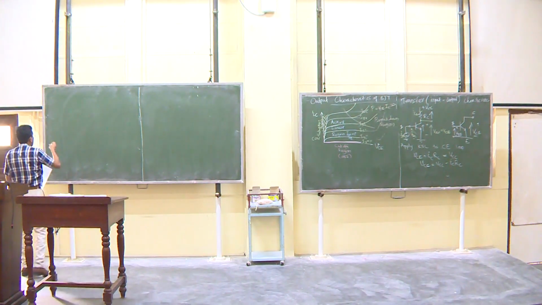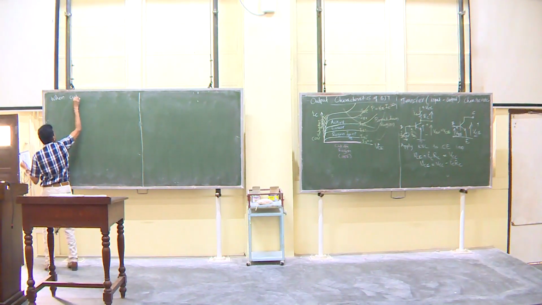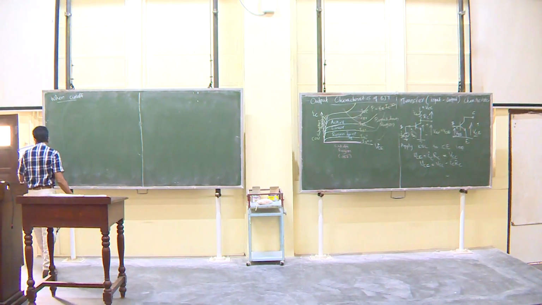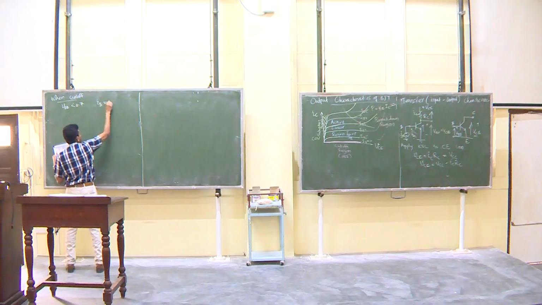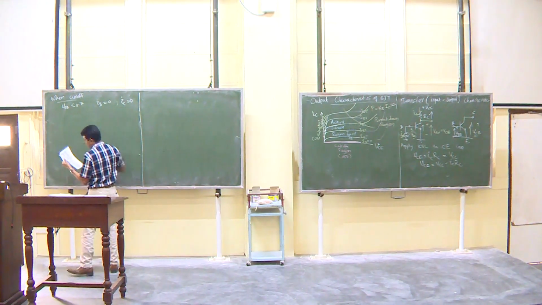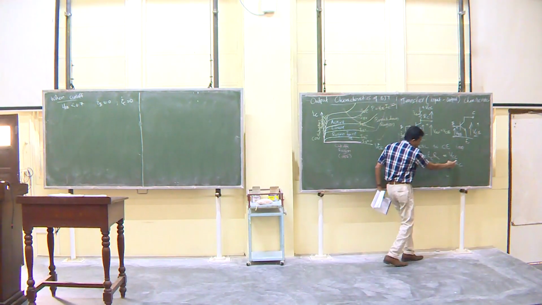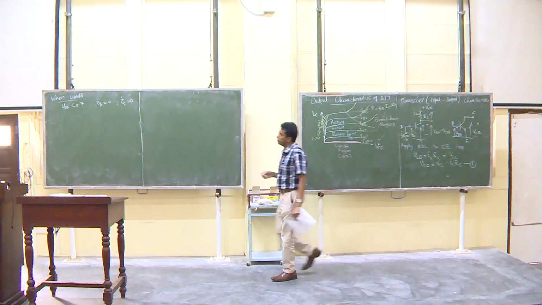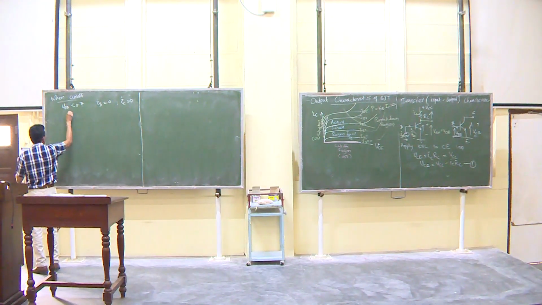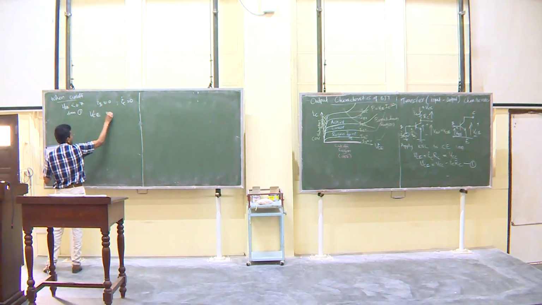So, I look at the 3 regions separately. When cut off, when the system is cut off, VBE is less than 0.7, IB is equal to 0, IC is equal to 0. If IC is equal to 0, in this equation, VCE is equal to VCC, right. If I call this equation number 1, because of this, from 1, VCE is equal to VCC.